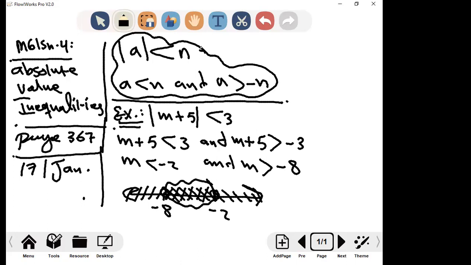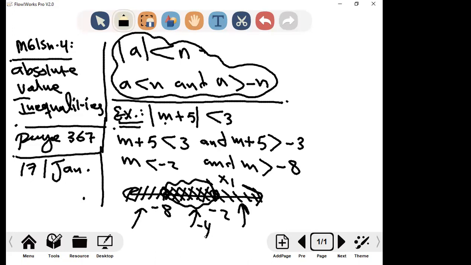To check our answer, you can guess a number in each region. For example, guess 1: 1 plus 5 is 6, the absolute value of 6 is 6. Is it less than 3? No. Guess a number between negative 2 and negative 8, negative 4: negative 4 plus 5 is 1, absolute value 1.